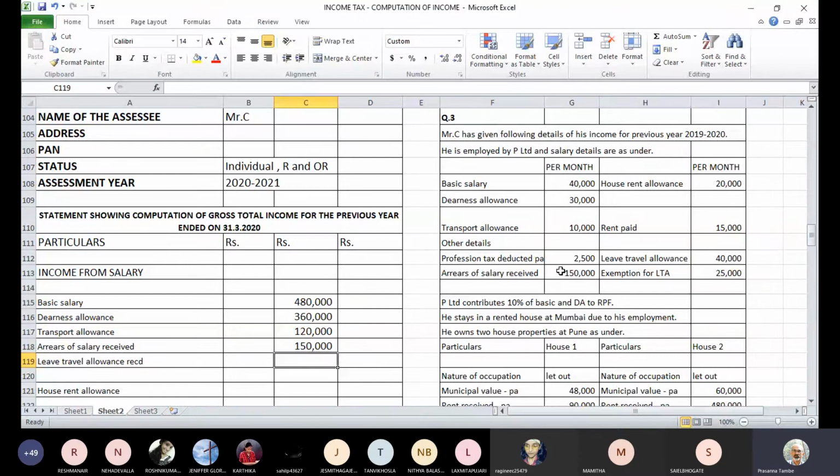The next is leave travel allowance. This is also a fixed amount which he has received, and that is 40,000 rupees. We can claim exemption for LTA. So next line, less exemption for LTA. This is section 10.